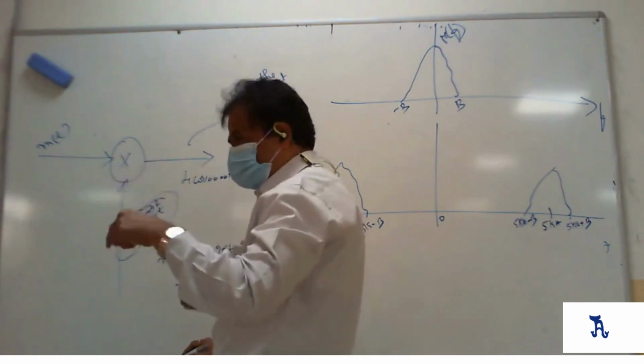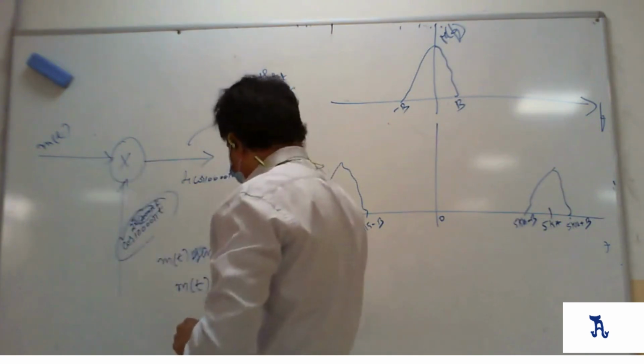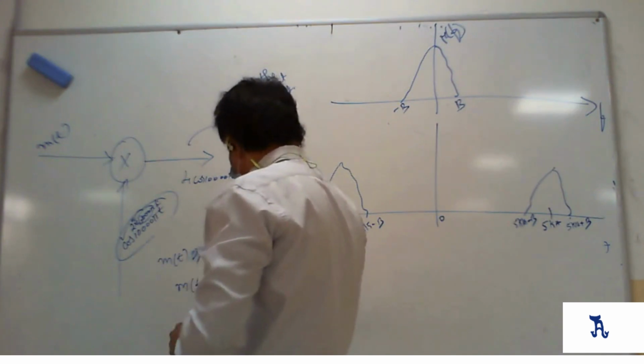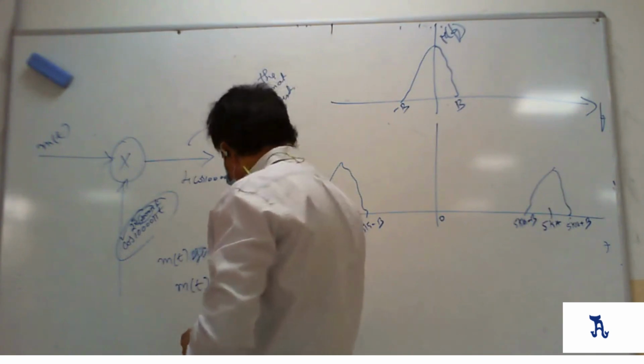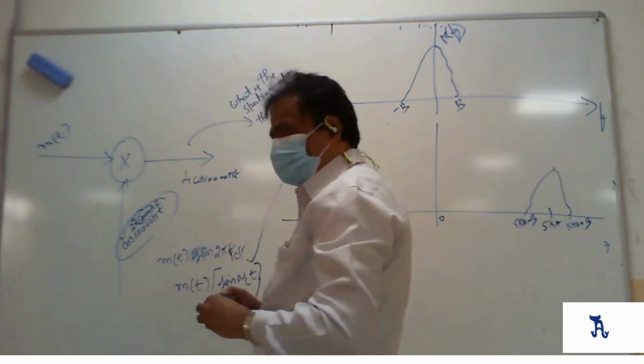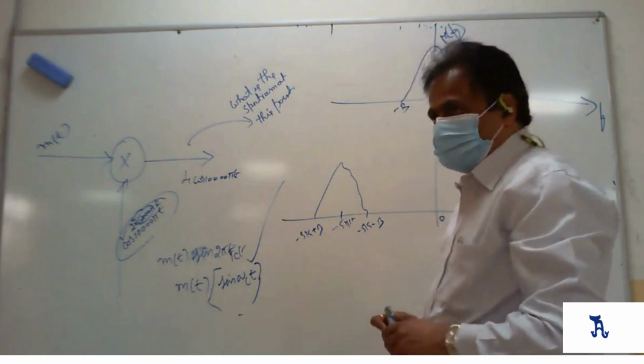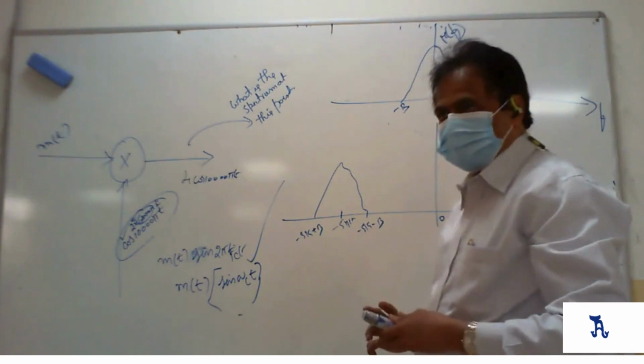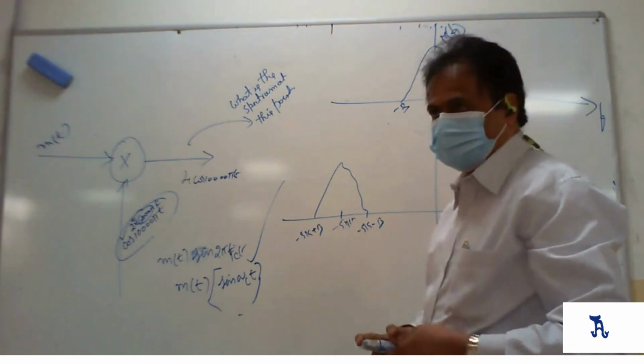I'm just asking you to solve it using Euler's formula. I'll take sine omega c t. I don't want to have 2 pi f c t and all. How can you write this in Euler's formula? Divided by 2j, right?